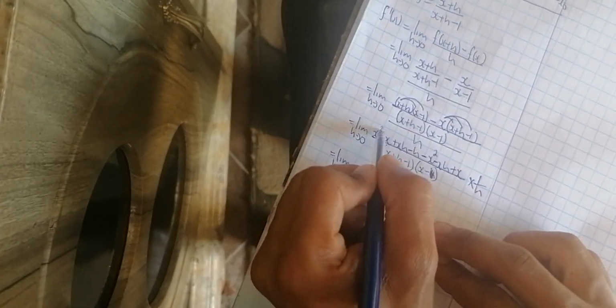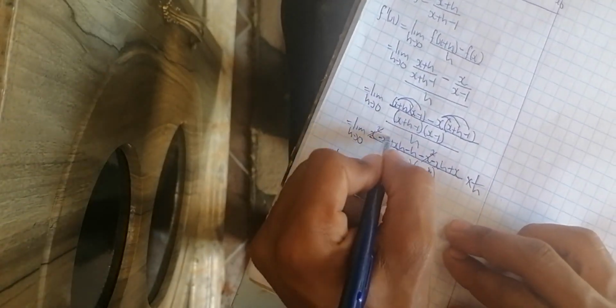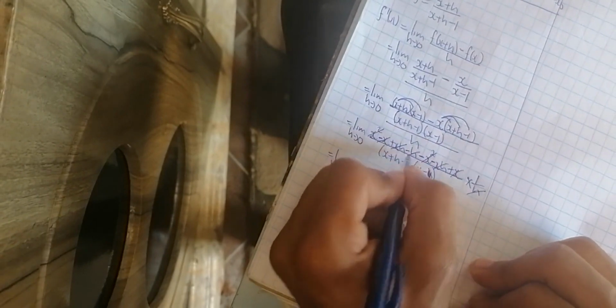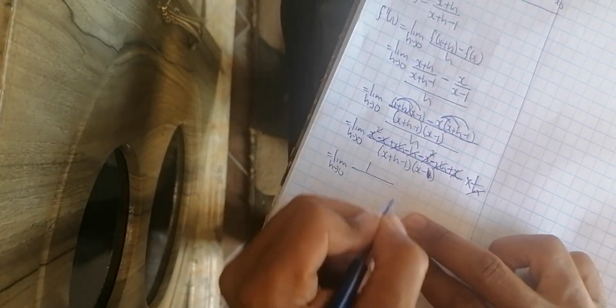Now look, this is positive and this is negative. This is negative and this is positive. This is positive and this is negative. In the basic, the fundamentals. And now check h with h, and then there's nothing left on the numerator, and we are left with 1.